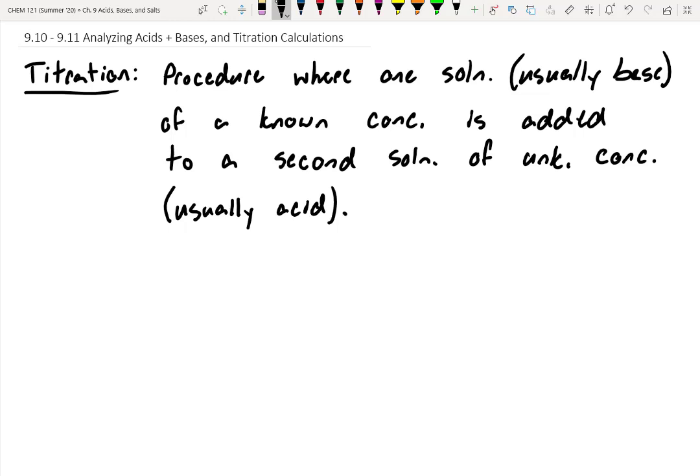All right. So like I said, we're going to add our base into our acid. We know the concentration of our base. We don't know the concentration of our acid. However, the volume of base can give us a lot of clues.